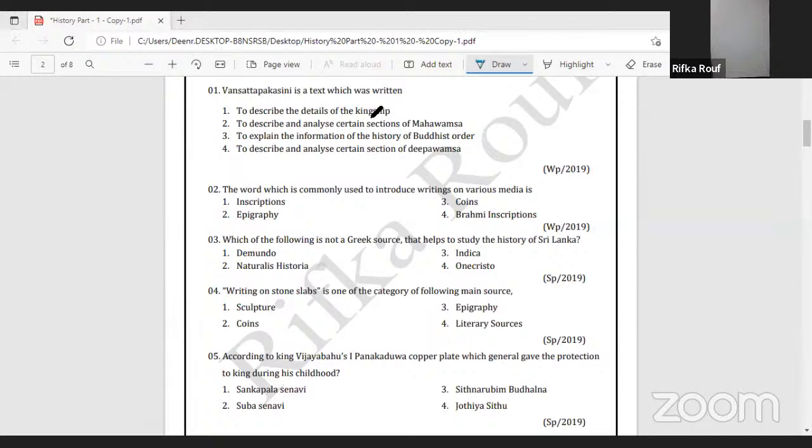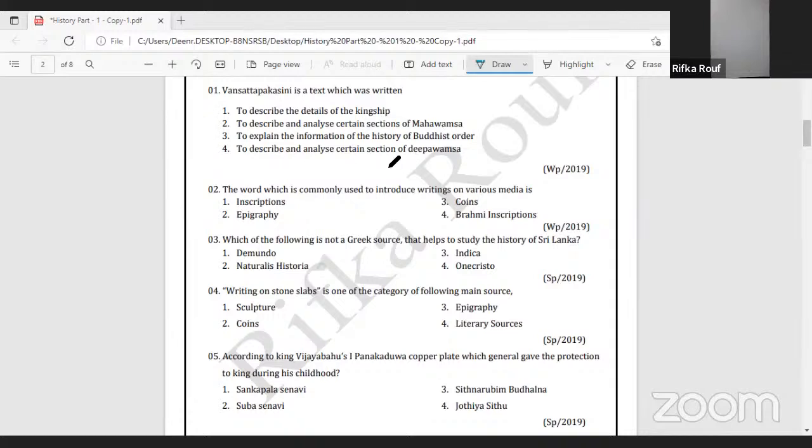To describe the details of the kingship, to describe and analyze certain sections of Mahavamsa, to explain the information of the history of the Buddhist order, to describe and analyze certain sections of Deepavamsa. So out of these 4, which is completely incorrect, which is not even going to come in this?